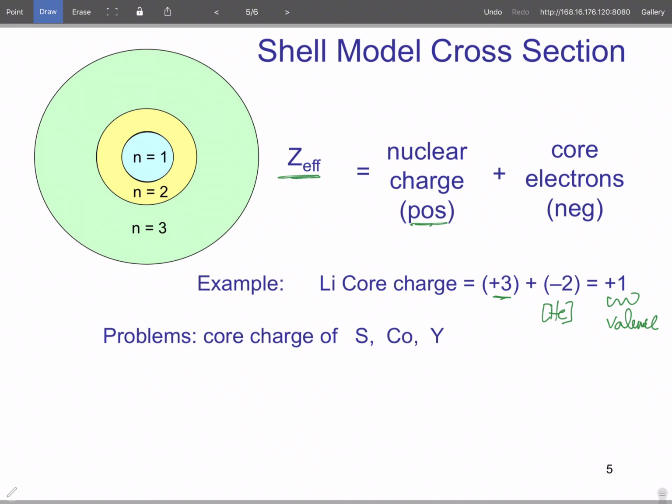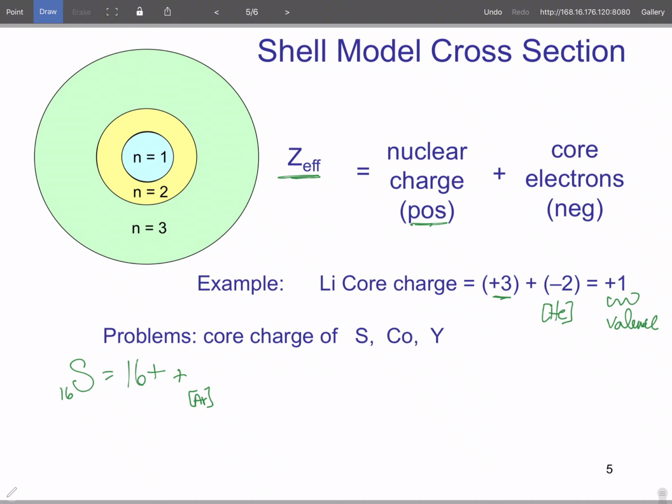So let's do a couple more. So if we look at sulfur, the nearest core to sulfur is argon, but we'll get to that one in a minute. So sulfur has the atomic number of 16, so it has 16 protons, so it's a 16 plus. And the nearest core is argon, and so your argon core has 18 electrons. Well, then that can't be right.